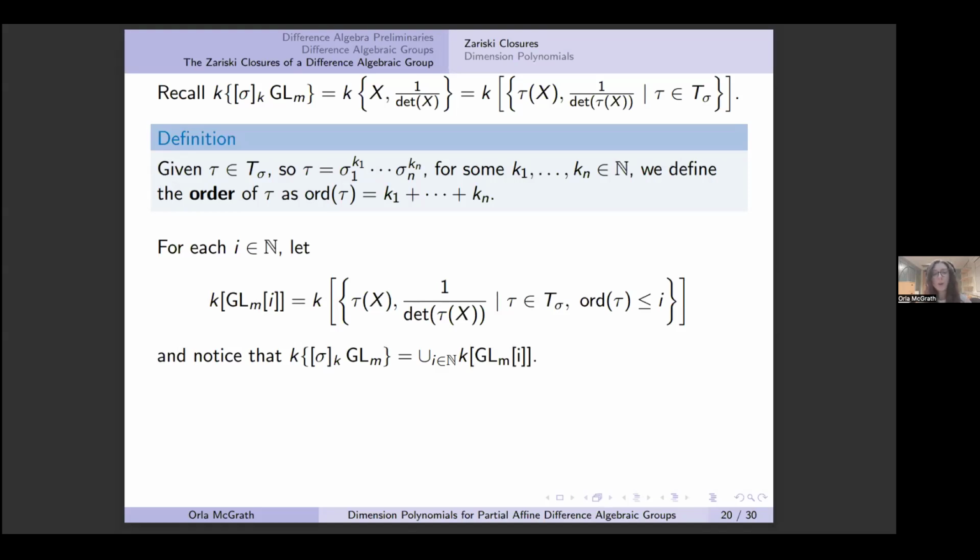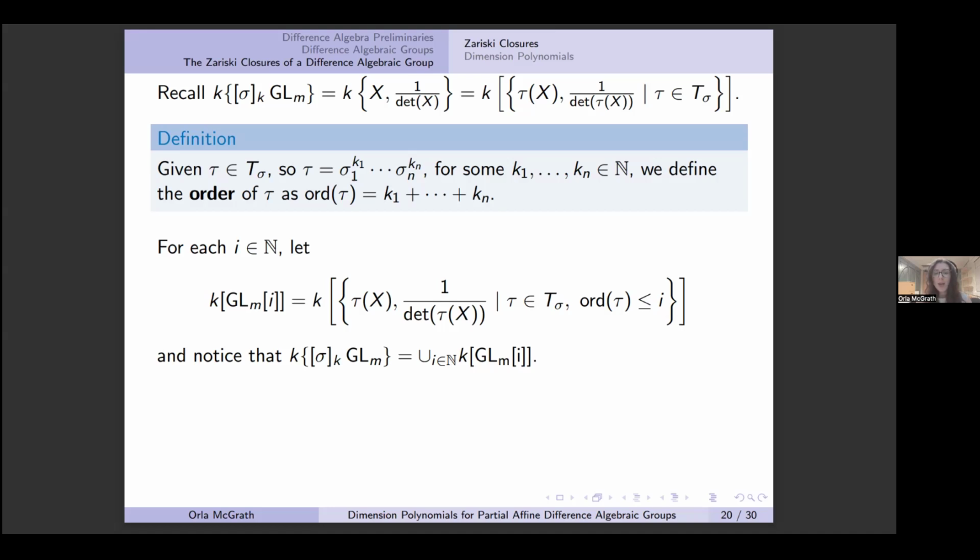So for each natural number I, we're going to consider the polynomial ring in X, one over the determinant of X, and every transform of X and one over the determinant of X up to a certain order. So where our difference polynomial ring had every transform, we're considering all the transforms up to a certain order. And we're going to call this the coordinate ring for GLMI.